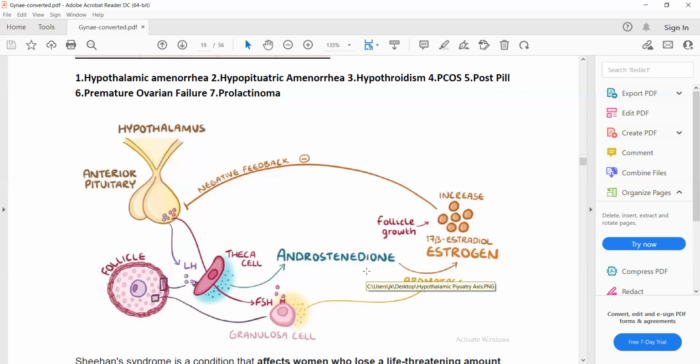In endocrinology, we discussed that hypothalamic failure can occur in athletes or due to excessive exercise or due to stress. So if an athlete presents to you with amenorrhea and her LH and FSH level is low, then your diagnosis will be hypothalamic amenorrhea.